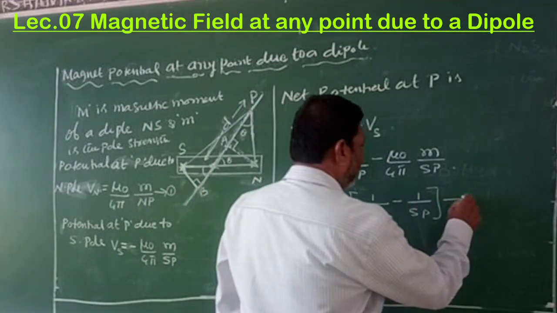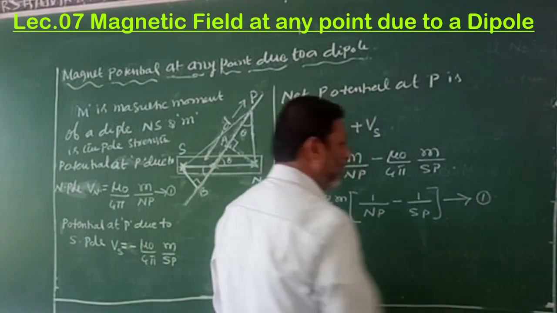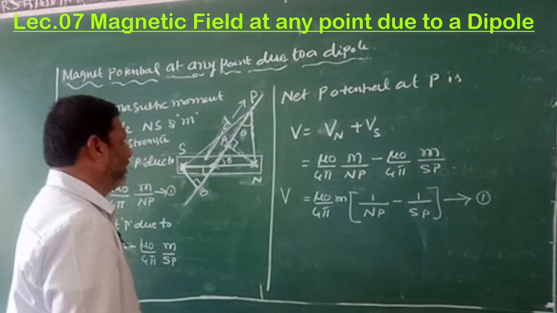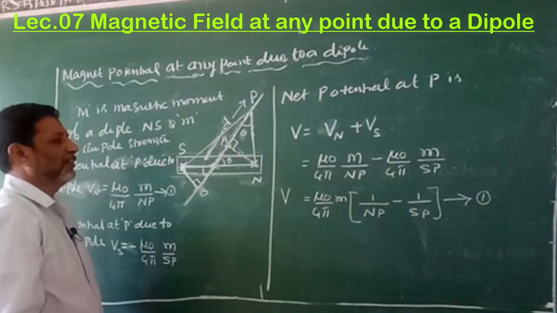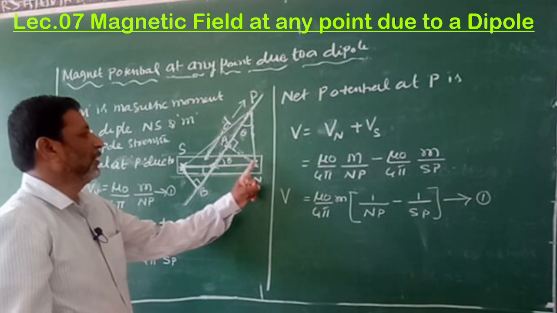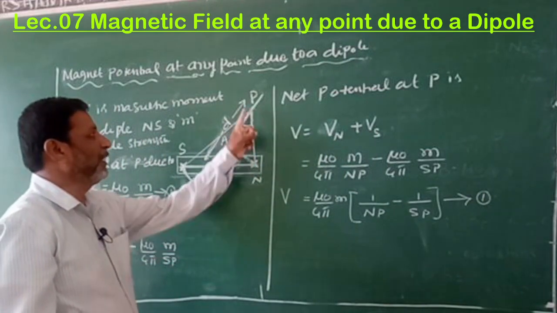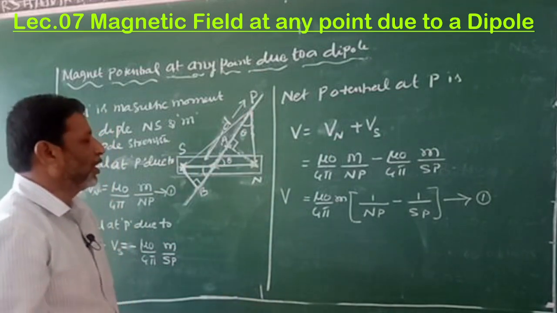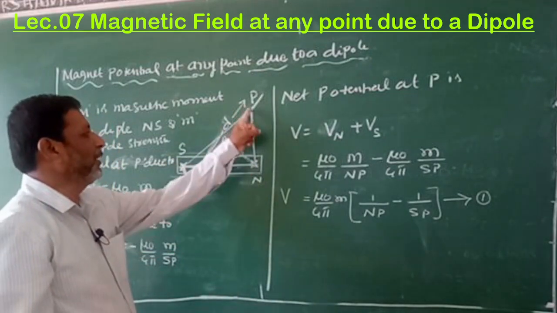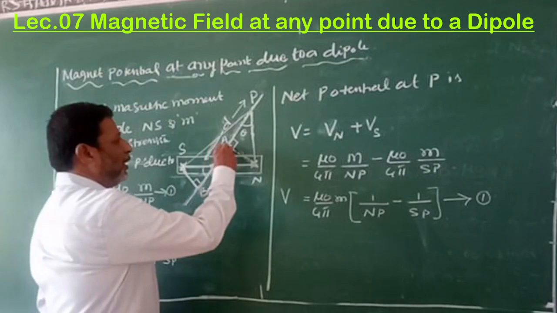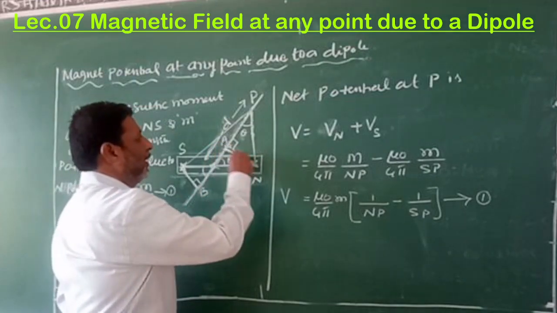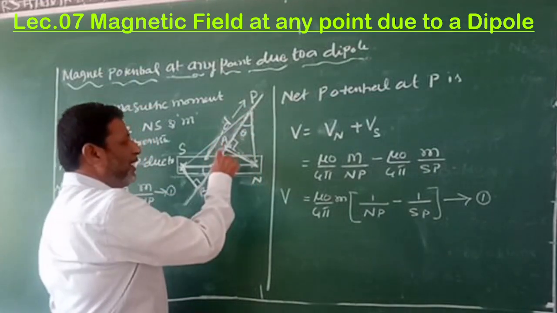Now you find the values of NP and SP, looking at the figure. This NP is equal to PA.